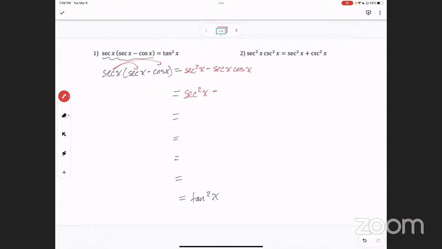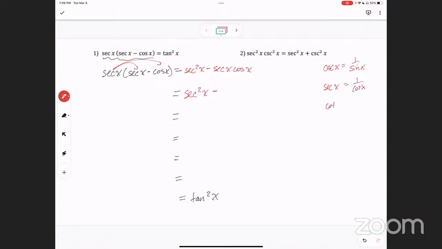No. All right, so here's some things that you have to kind of have memorized. You have to have your reciprocal identities. So the cosine of x is equal to 1 over secant. The cosecant of x is equal to 1 over the sine of x. The secant of x is equal to 1 over cosine of x.